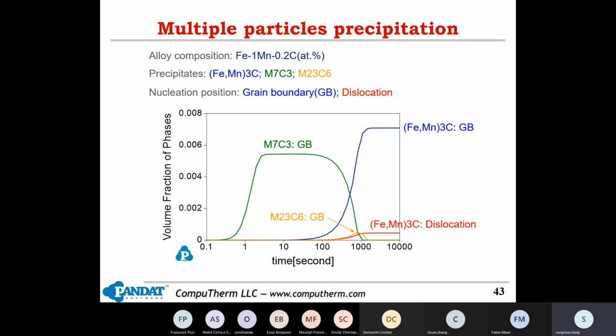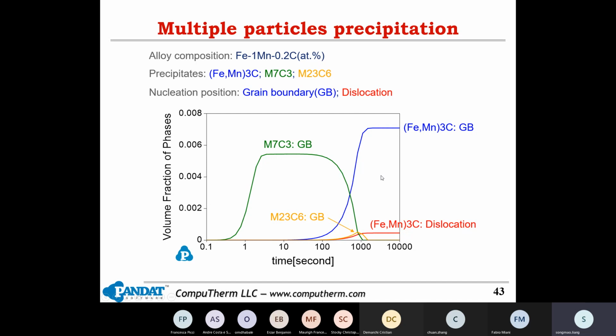And here we can not only handle the precipitate with one phase. This example shows iron, manganese, and carbon alloys with three precipitates at different locations. One is at the grain boundary, and one is along the dislocation. This is our simulated result.